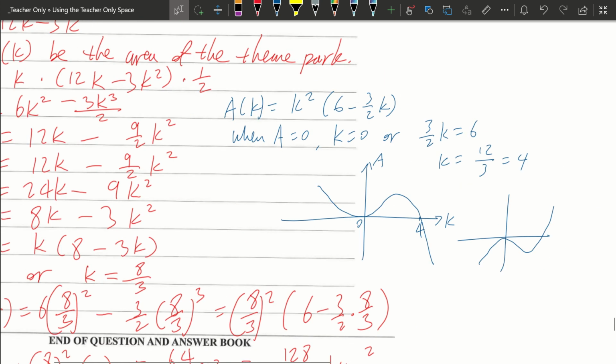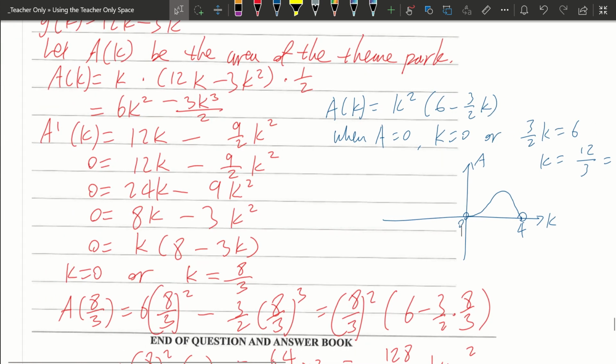So that gives me the direction of the curve. So if we have the domain like this, it is going to be like that. The first drawing was better. It's going to be like this, and so we're okay.